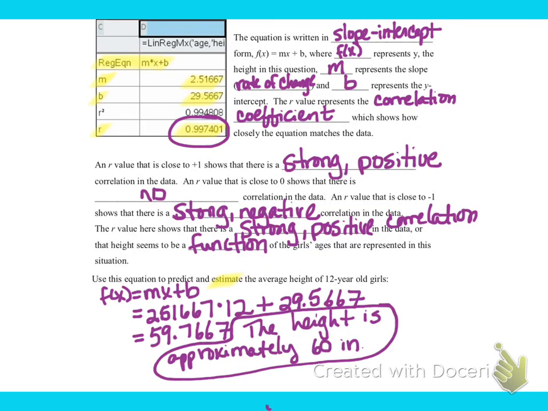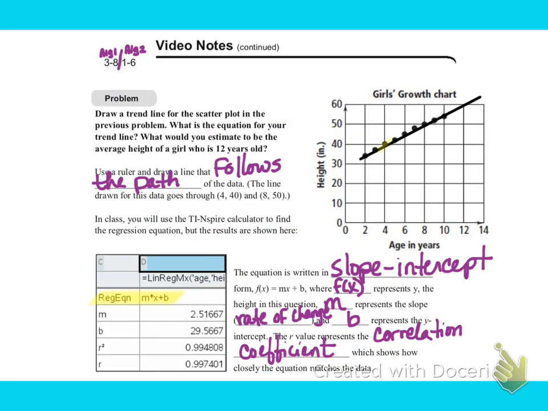Now, another thing that we could have done is we could have looked at our graph and just estimated from the graph what the average height of a 12-year-old girl would be. So looking at our graph, we have the age of a 12-year-old girl right here. There's the 12-year-old girl's height.